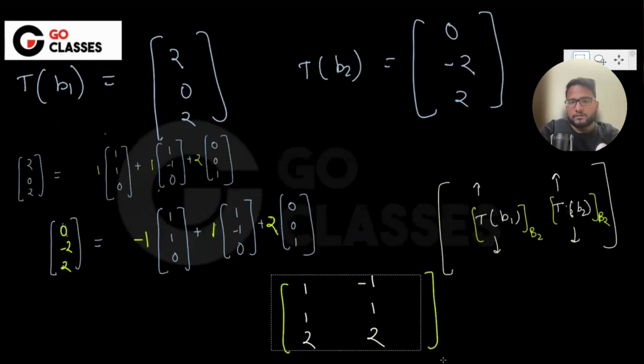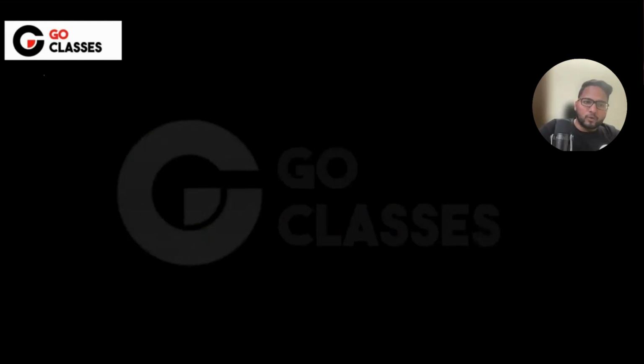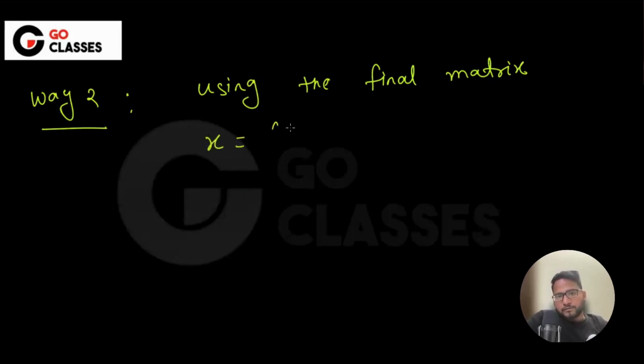Okay. So let's use this way two, using the final matrix that we have got, where X is 2, 3.